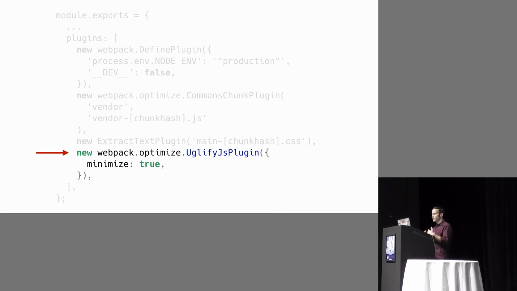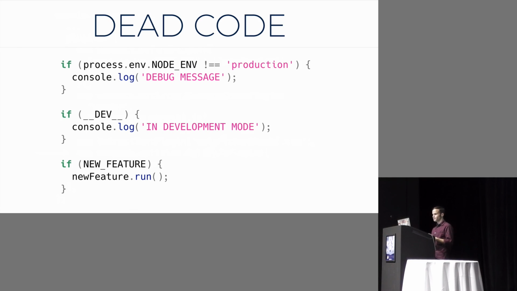Finally, as we know with production, we would like to obfuscate and minify our JavaScript. And there's something already built in with Webpack, the UglifyJS plugin. We can provide the minimize option. We're probably all familiar with minimizing and obfuscating, so we already understand the benefits of this. There is one slight additional benefit.